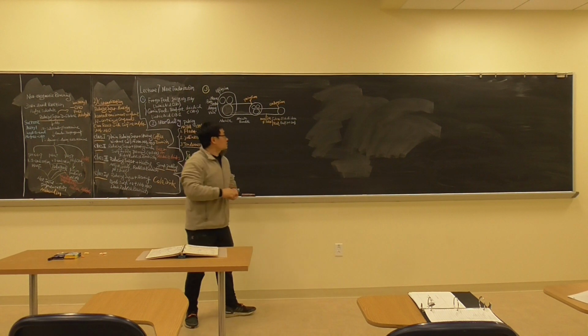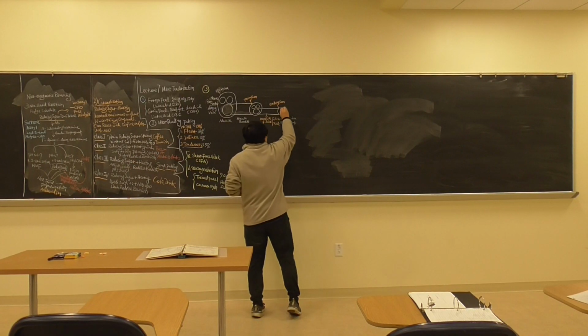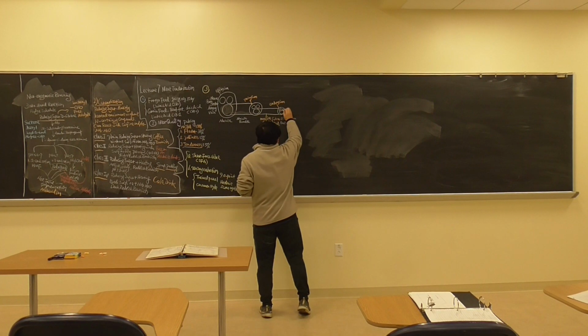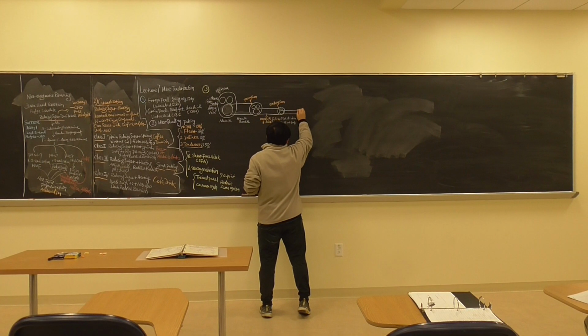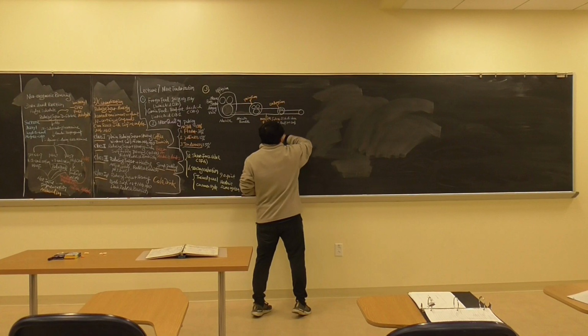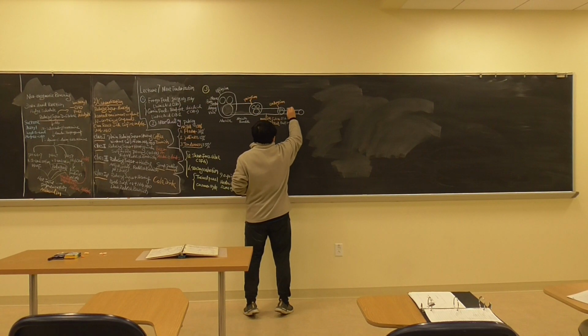Okay, then this muscle fiber also has multiple layers. Then we go out, and we can draw like this. Then what do we say? This is called the sarcolemma.